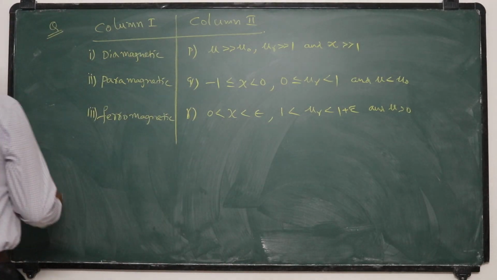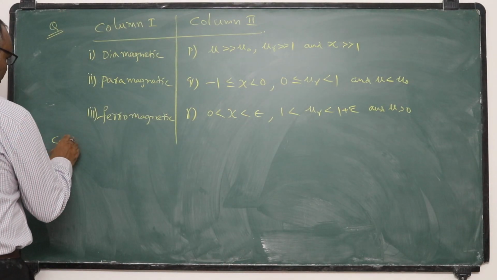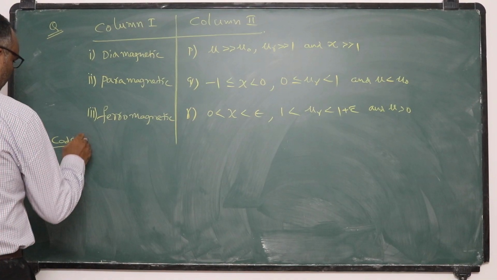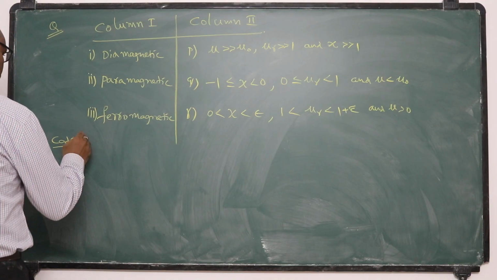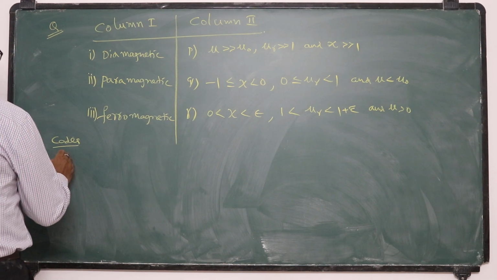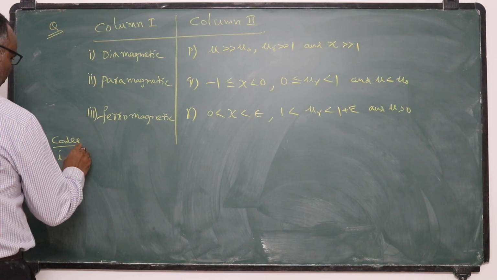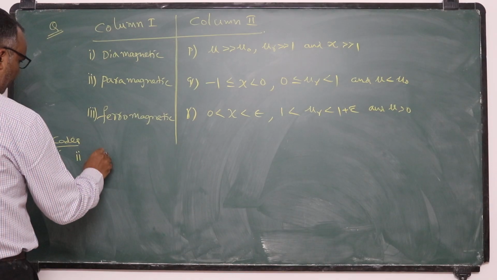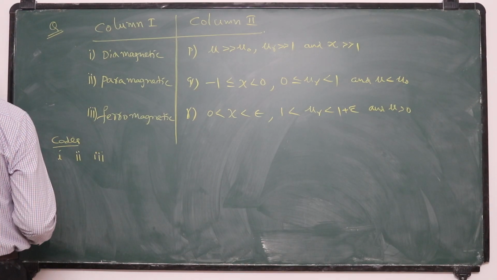So they gave codes for A, 1, 2, 3, like that.